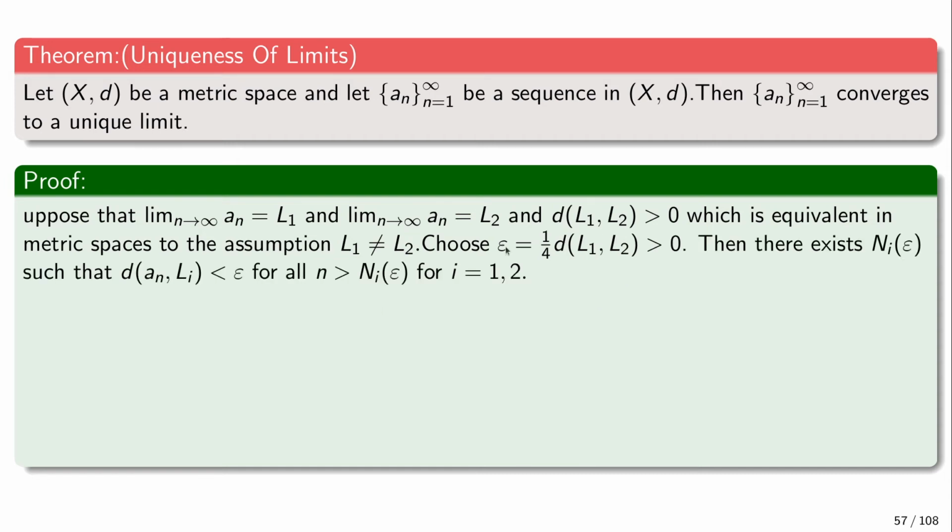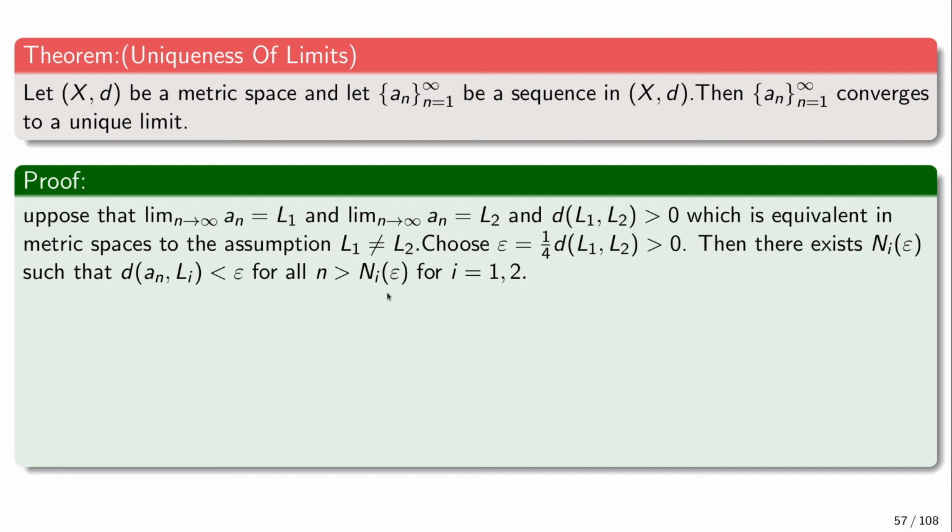So there exist natural numbers n_i such that the distance of a_n from L_i is smaller than epsilon for n greater than n_i, of course for i equals 1 and 2. So this is an abbreviation: for L1 there exists a number n1, and for L2 there exists a number n2, such that those conditions are satisfied. It's a bit abbreviated writing.